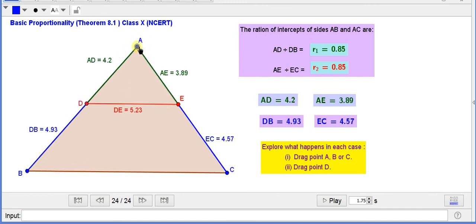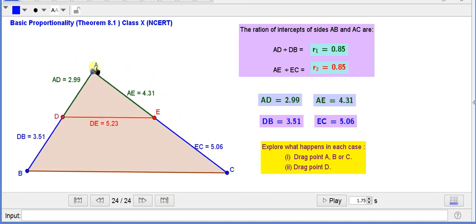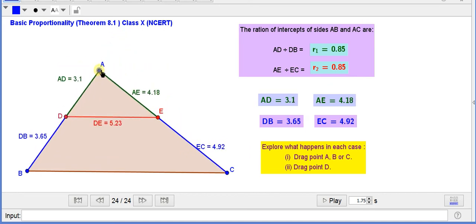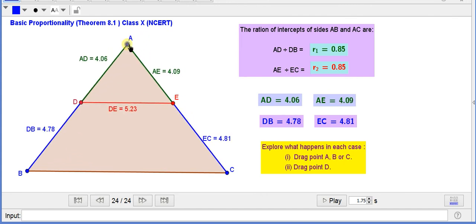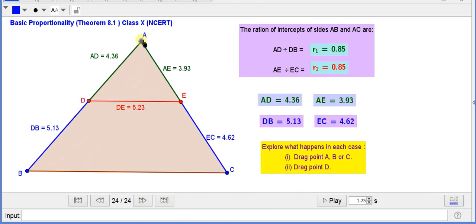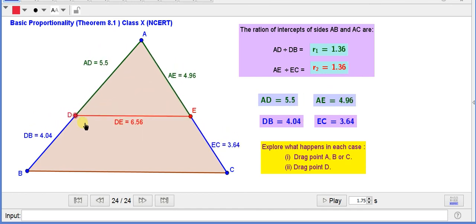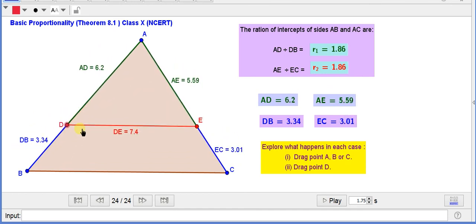The ratio does not change because these intercepts are equal, according to this theorem. But when we shift this point D, all the 6 values will certainly change here.